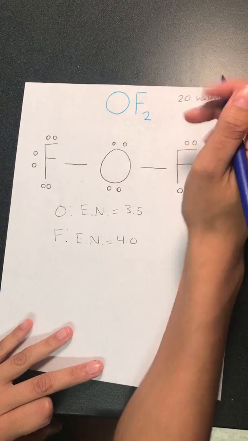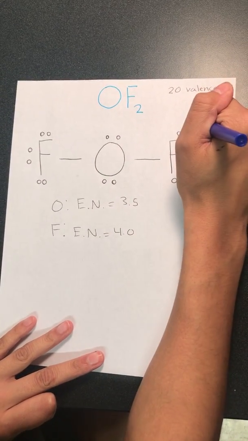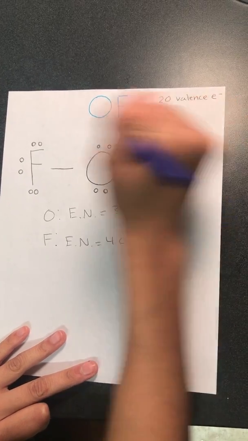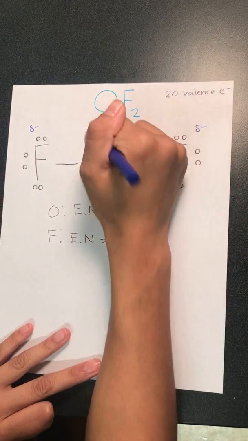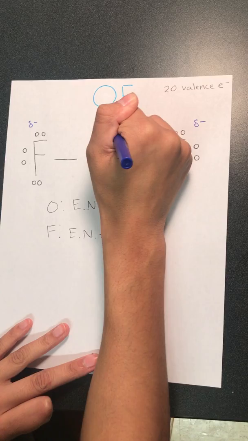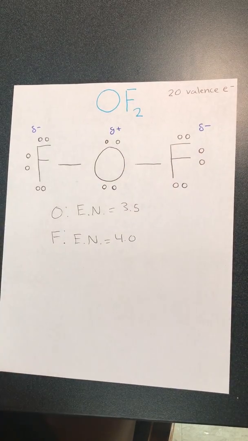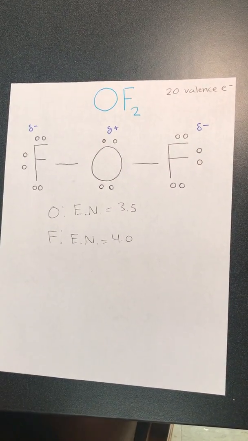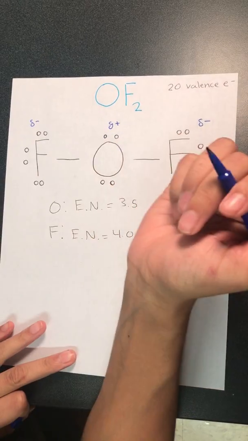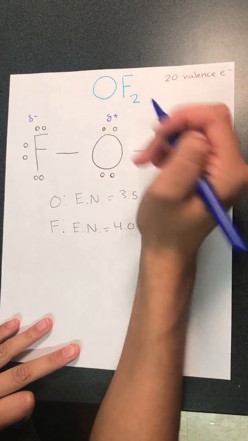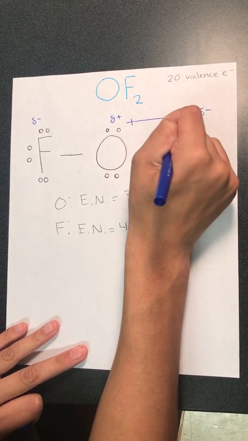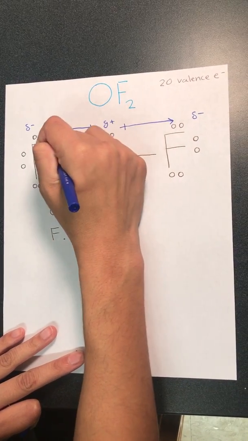So fluorine has the highest electronegativity. It will have our partial negative charge, and oxygen will have our partial positive charge. And then we can draw our bond dipoles. So we find the partial positive tail, and it goes towards the partial negative.